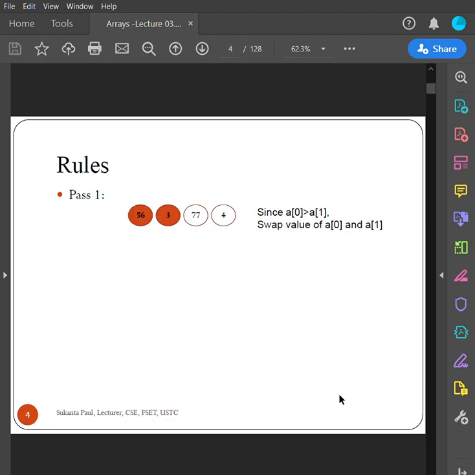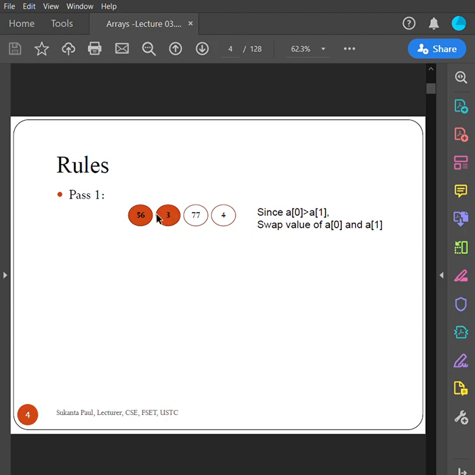We are trying to sort here in ascending order. So let's start: 56, 3, 77, 4. In pass 1, the first value is a0, the second is a1, this is a2, and this is a3. So we need to compare a0 and a1 at first. Since a0 is greater than a1, we swap the values of a0 and a1.